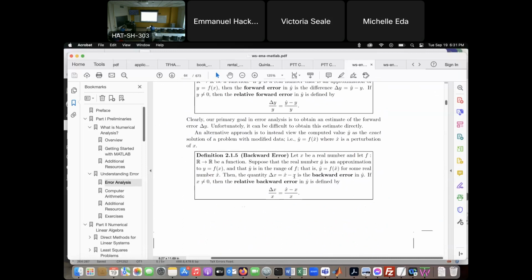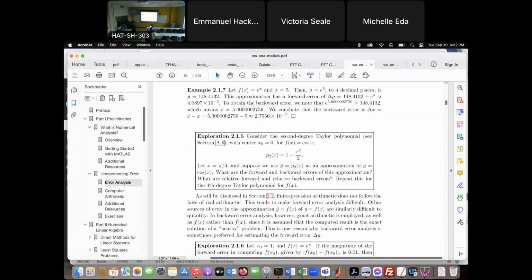Now, x is given to be pi over 4. To get x hat, you solve this equation for x hat, where y hat is the approximation you computed earlier, and f is cosine in this problem. Then you plug that in here to get the backward error, and the relative backward error.